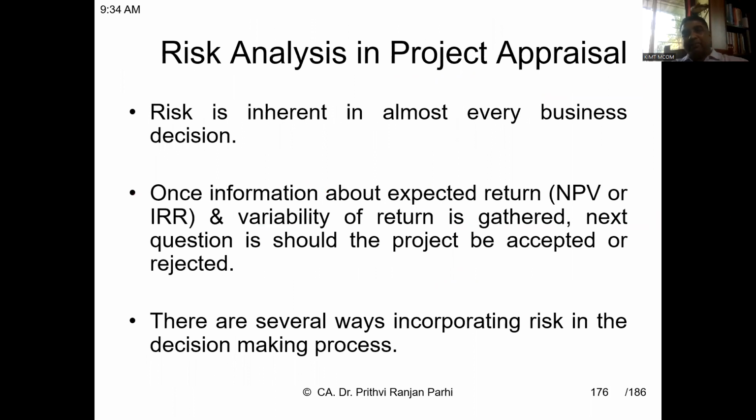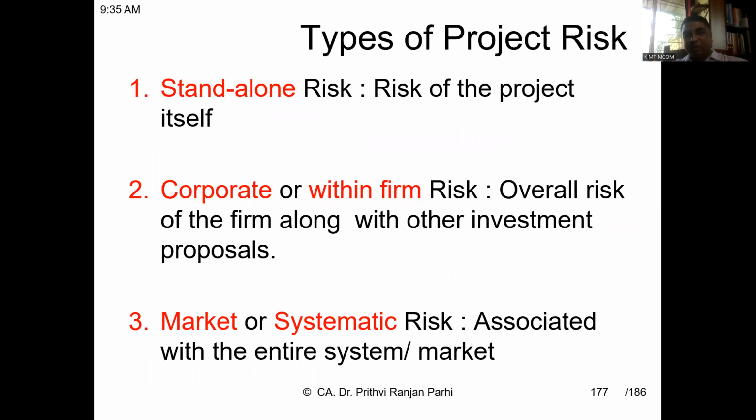Now coming to analysis of the risk in the area of projects. These are the various types of risk we see. One is standalone risk, which is associated with the project. Second is the risk associated within the firm, corporate risk or within-firm risk. This is the overall risk of the firm along with other investment proposals. Third is market risk or systematic risk.